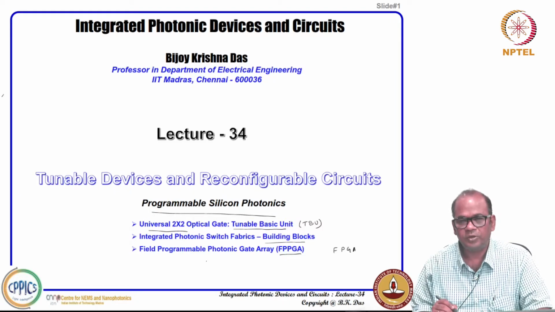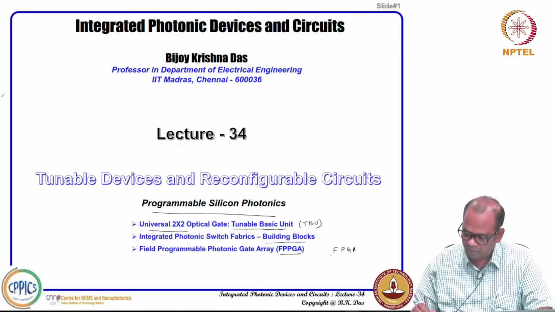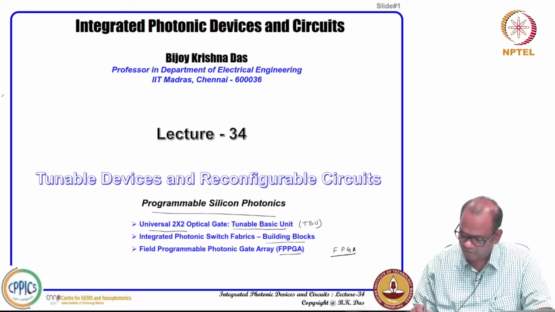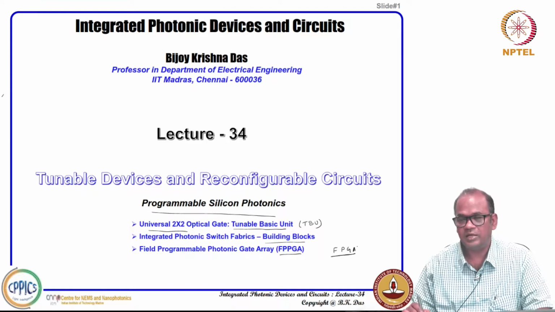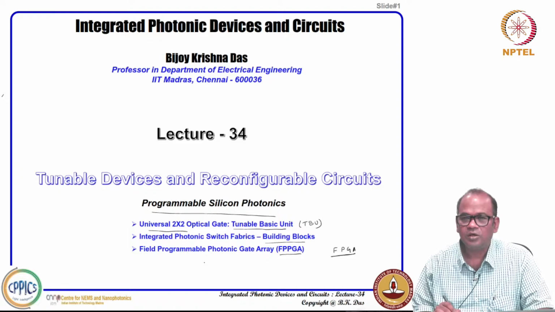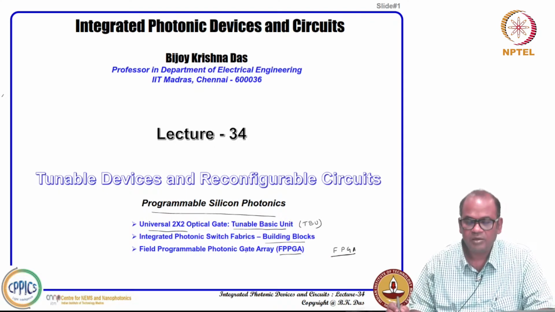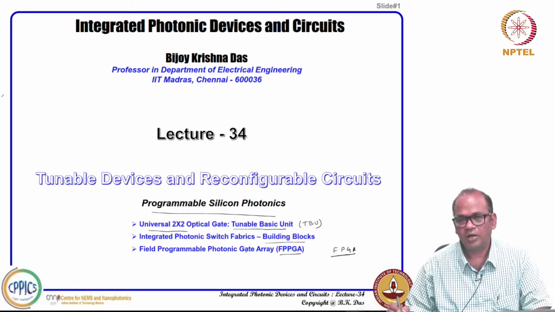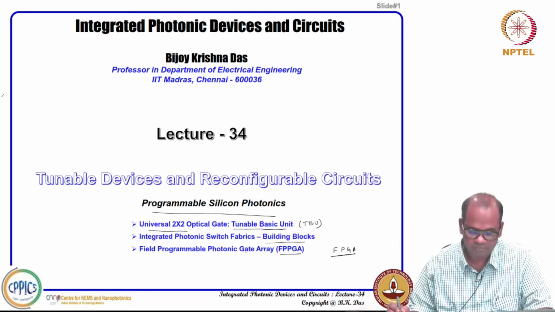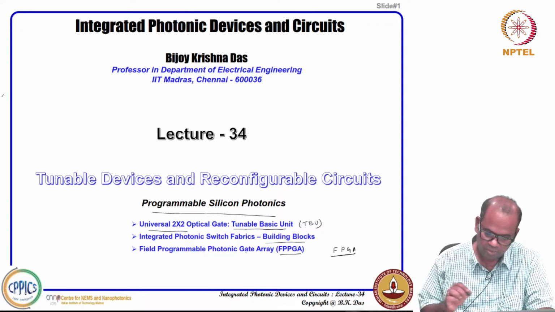Of course, those are optical functionalities, which can be digital as well as analog. Okay. FPGA in electronics necessarily has to be digital logic, but this field programmable photonic gate array is mostly used for analog operations, analog photonic signal processing purposes.